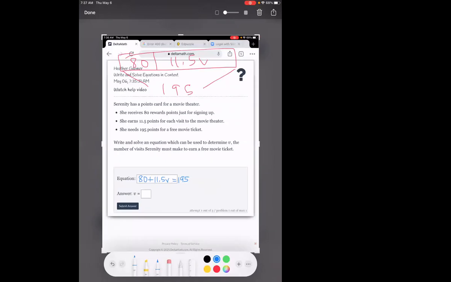Then we can solve that equation. We can subtract 80 and we would get 11.5V is equal to 115. And then 115 divided by 11.5 is equal to 10.